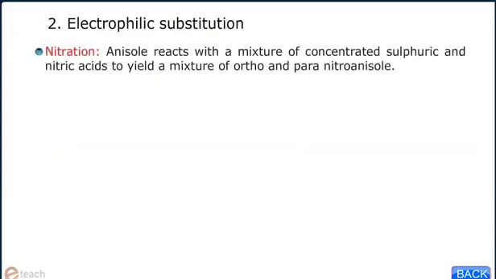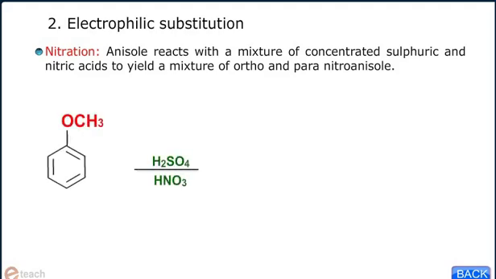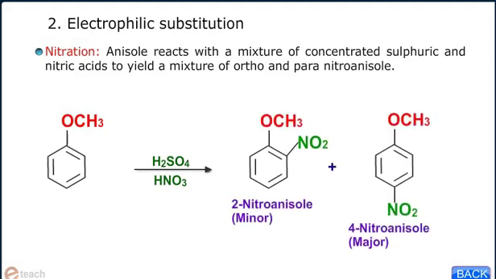Nitration. Anisole reacts with a mixture of concentrated sulfuric and nitric acid to yield a mixture of ortho and para-nitroanisole. Consider the reaction: C6H5OCH3 in the presence of H2SO4 and HNO3 gives 2-nitroanisole, the minor product, and 4-nitroanisole, the major product.